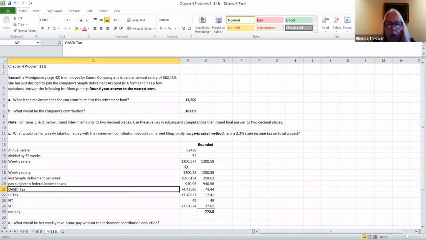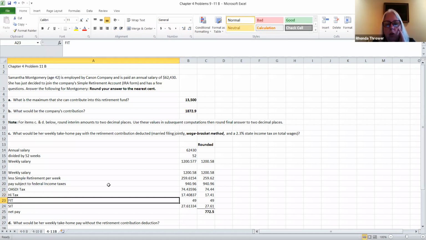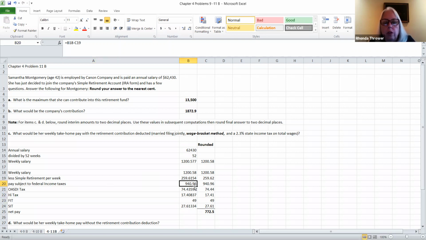So use $1,200.58 to calculate OASDI tax and the HI tax, but for the federal income tax, we're going to use $940.96. And that's because we are allowed to deduct the simple retirement per week from our weekly salary. We only pay income tax on this amount for this person.